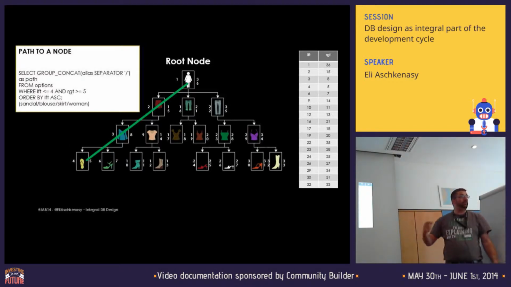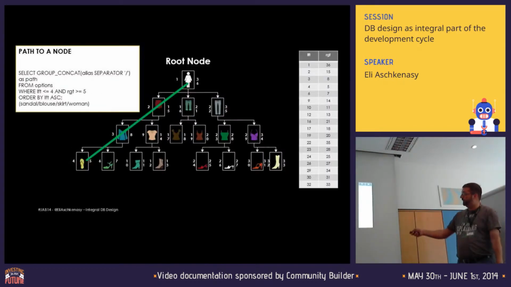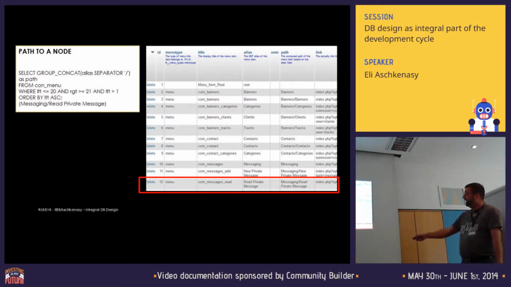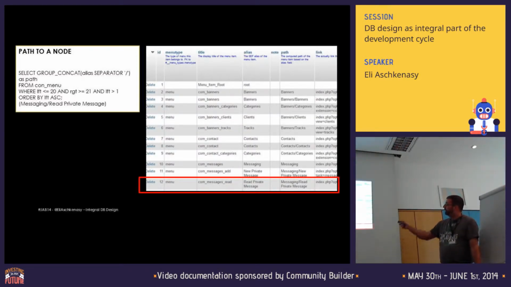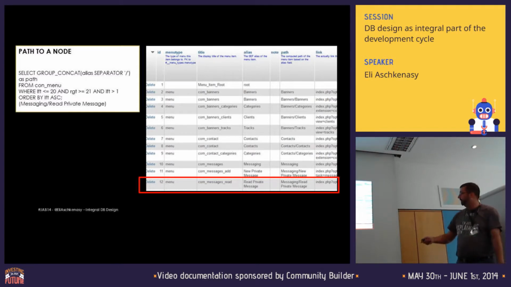Group concat does precisely that on a table, on an array, or a result set. So concat everything with a separator of a slash, whatever you want this to be. So if we have this, and this is from the, oh, here we go. Where is path? The computed path of the menu item based on the alias field. Right, so in the menu table, they're actually doing precisely what they're supposed to be doing.